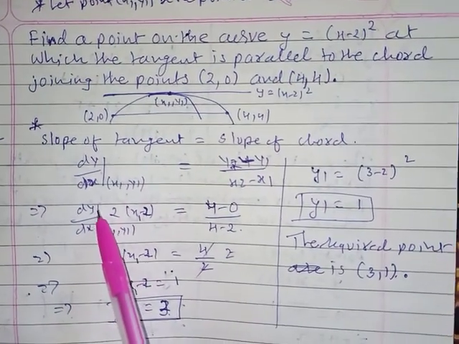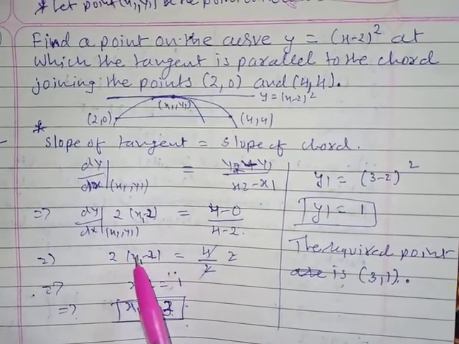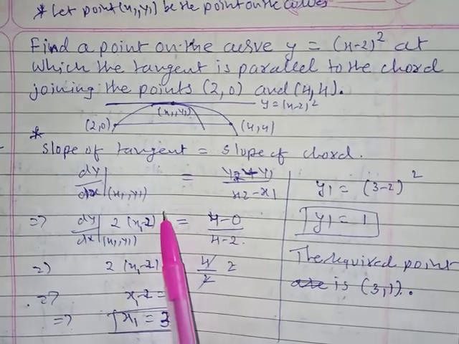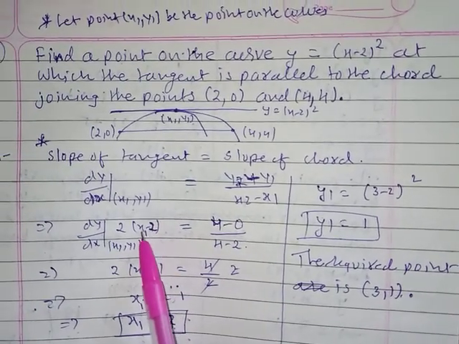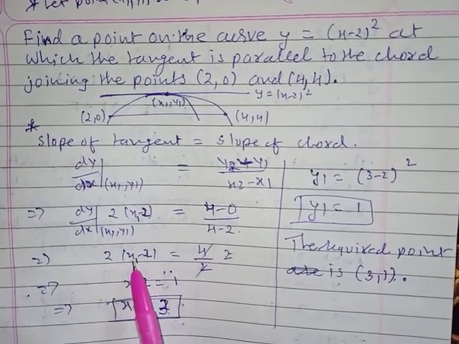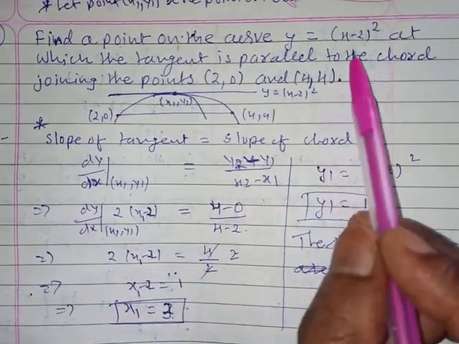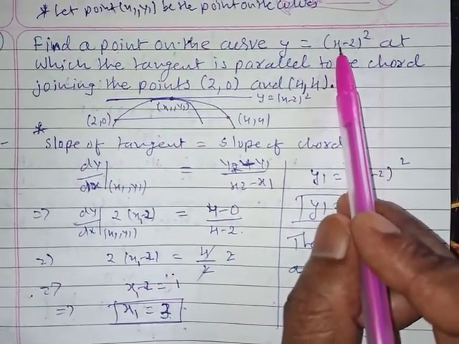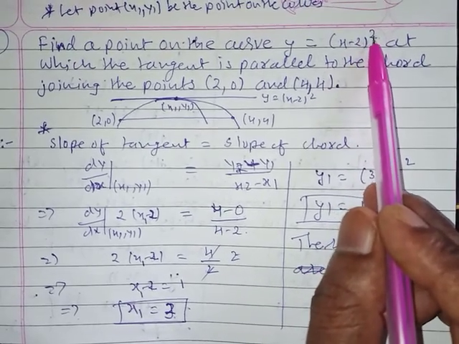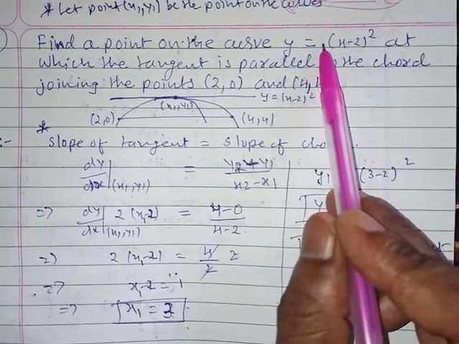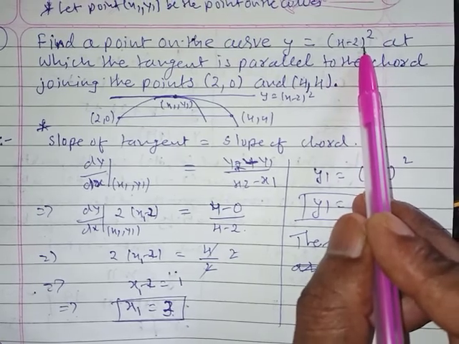If you take derivative, dy by dx at x1, y1 will be equal to 2 with respect to power, then with respect to x inside. So 2 x1 minus 2. Is it? Because if you take derivative of x it is 1, this is constant. So with respect to power, it will be 2x minus 2.